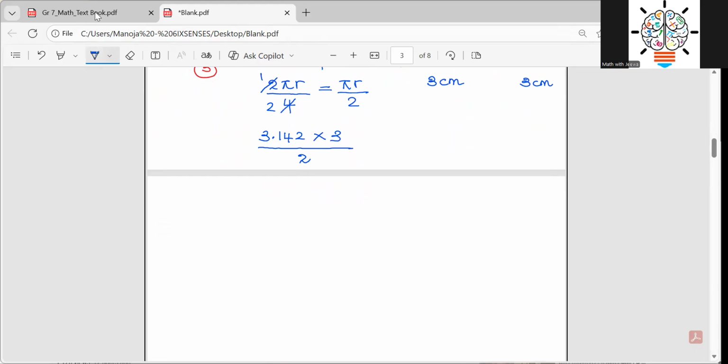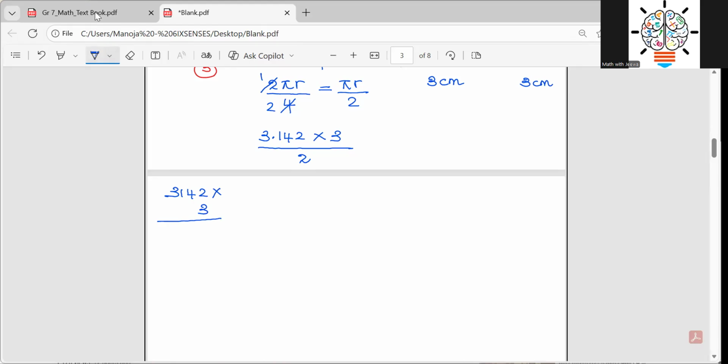You have 2 options. Either you can divide 3.142 by 2 and the answer you can multiply by 3, because 3.142 is an even number and you can divide it by 2. But whatever the method I used earlier, I multiply 3.142 by 3.